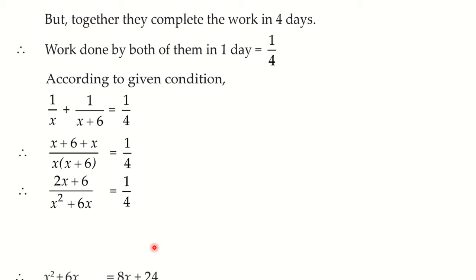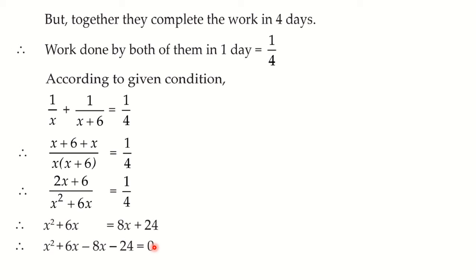So let us cross multiply here. Then x squared plus 6x multiplied by 1 is going to be x squared plus 6x. And when we multiply by 4, we get 4 into 2x as 8x and 4 into 6 as 24.